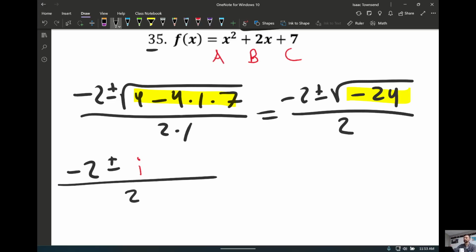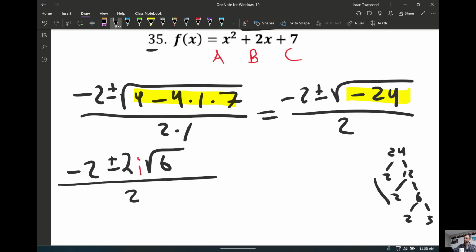We could break down the square root of 24. Square root of 24 becomes 2 square roots of 6. Now, here's the last step that I am concerned about you guys might not recognize. You can go one more step here.